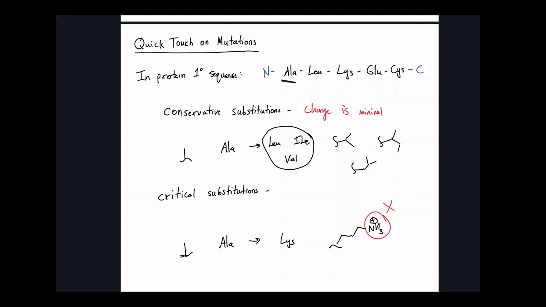Again, if you don't have your amino acids memorized, this becomes very challenging. But alanine to things like this, we would expect minimal change. But critical substitutions where we have large changes, like alanine turning into lysine, or alternatively, lysine turning into alanine, right? Very big things turning into very small things could also have a big effect. So keep that in mind.